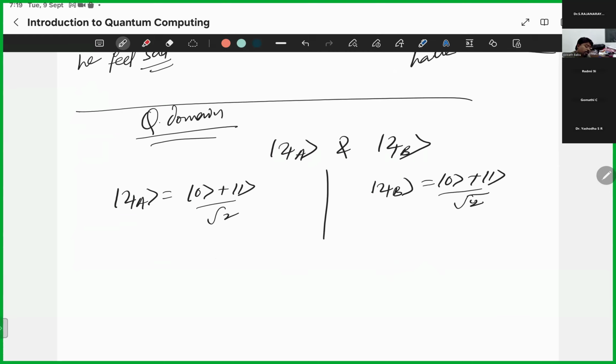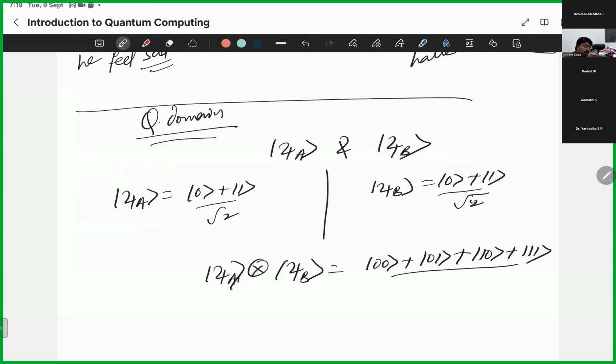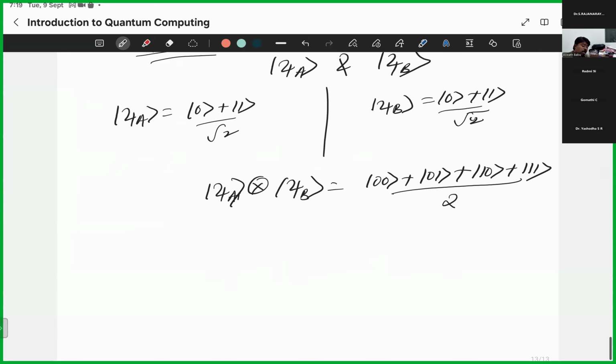When I put them together, they are going to create a tensor product. The tensor product is 0,0 plus 0,1 plus 1,0 plus 1,1 divided by 2. All four states are equally probable. Now, somehow I can nullify the probability amplitude of 0,1 and 1,0.